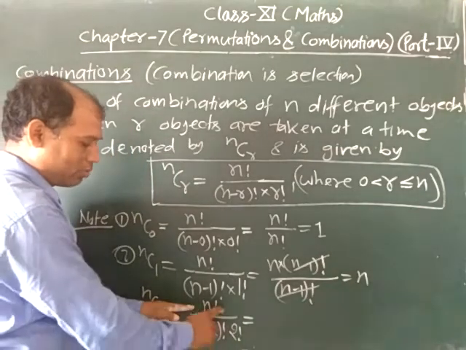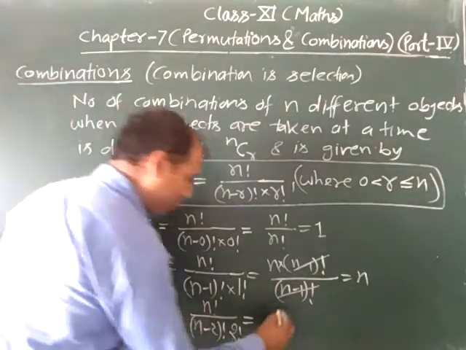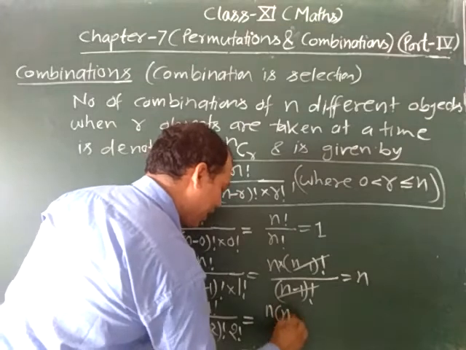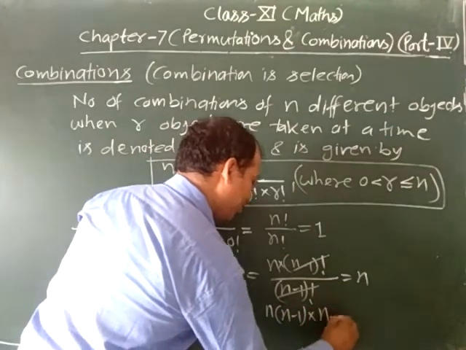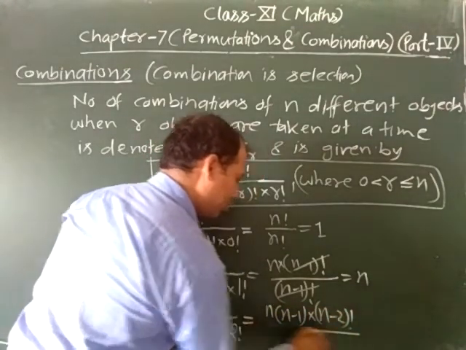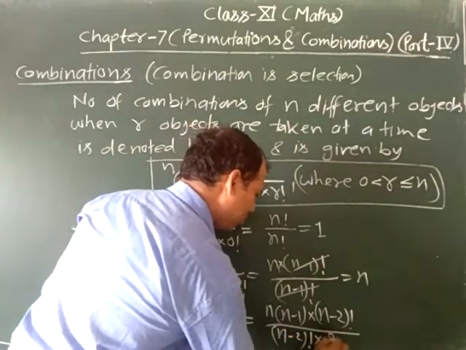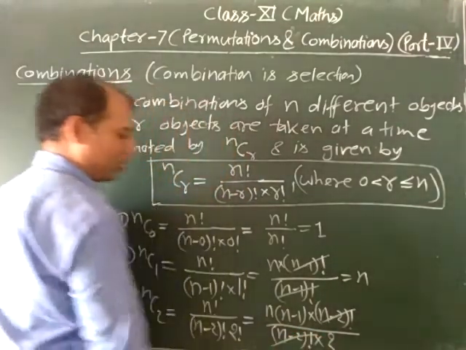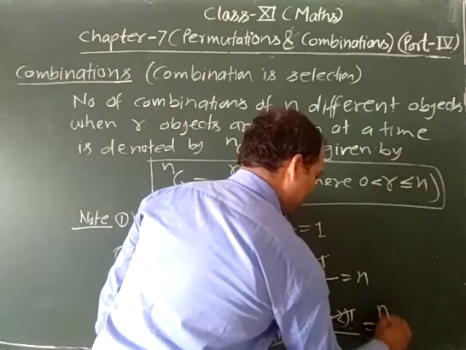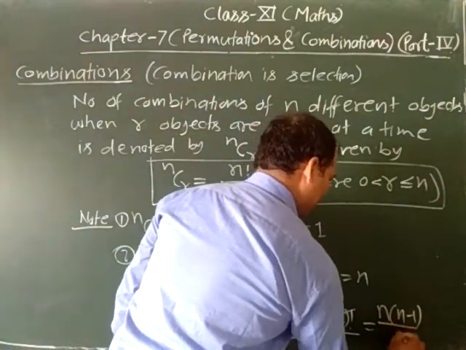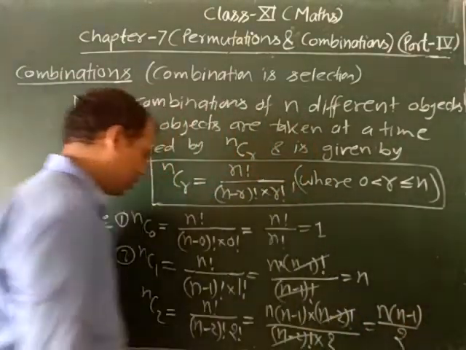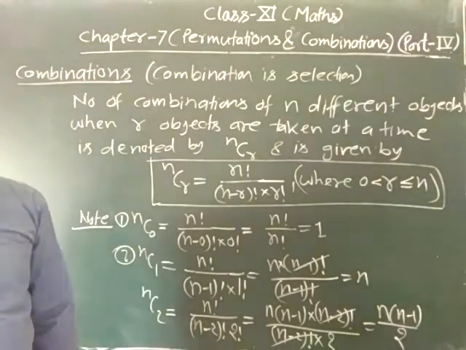In a similar manner, nC2 can be evaluated as factorial n by factorial n minus 2 into factorial 2. Now factorial n can be expanded up to factorial n minus 2. We get n into n minus 1 into factorial n minus 2 divided by factorial n minus 2 into 2. This cancels out with this. We get n into n minus 1 by 2. This is the value of nC2.